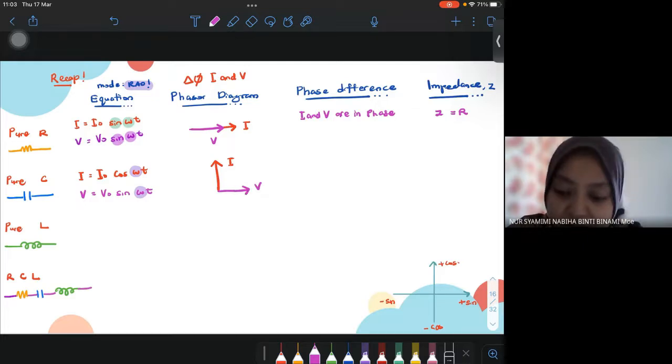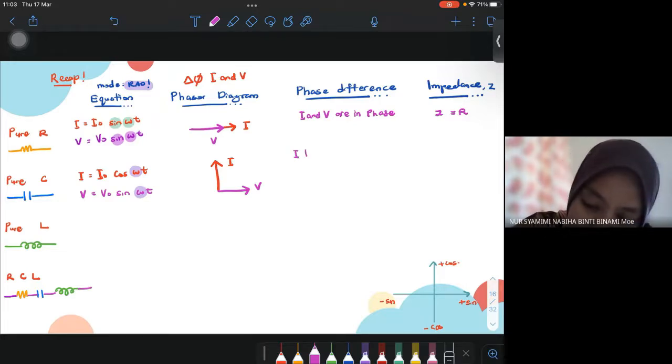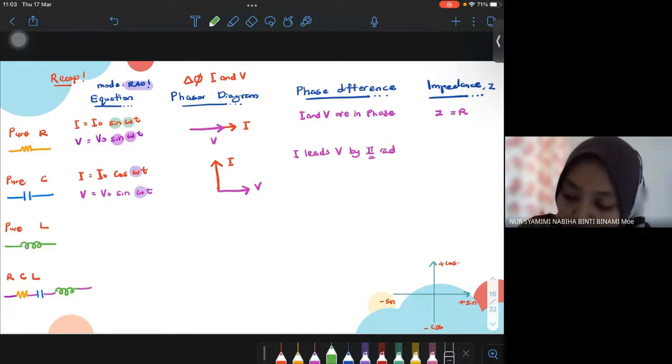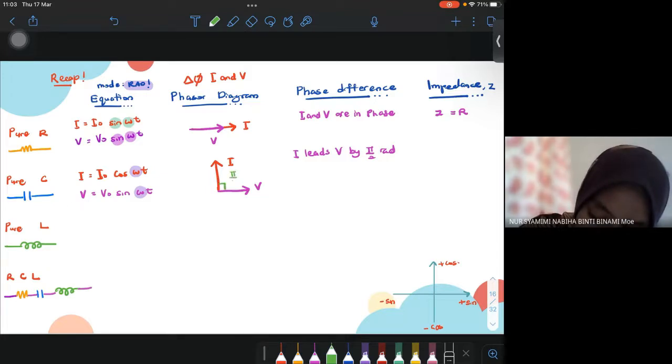So the phase difference kita boleh tulis dekat sini, I leads V by pi over 2 radian. Kenapa pi over 2? Sebab 90 degree ialah pi over 2.